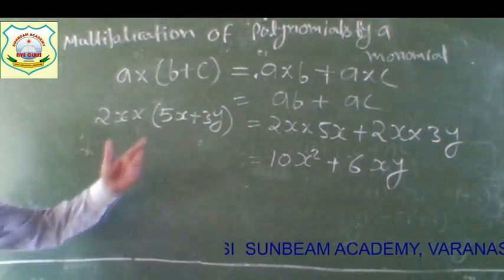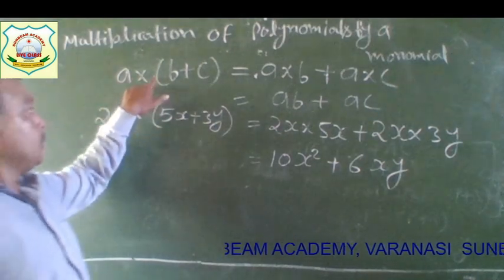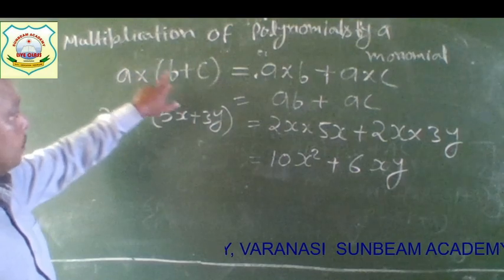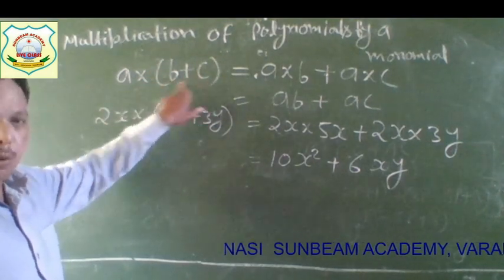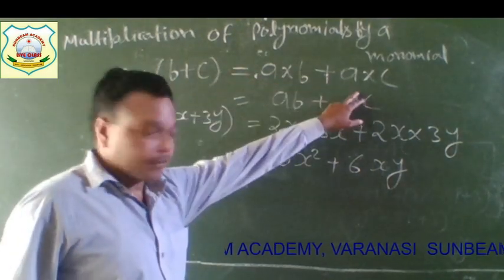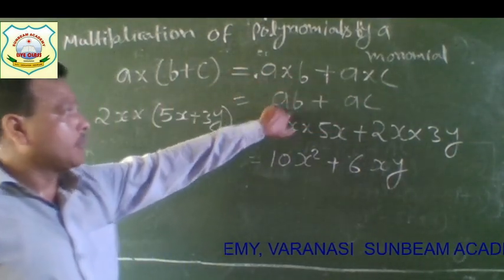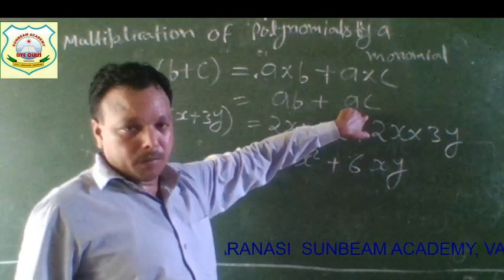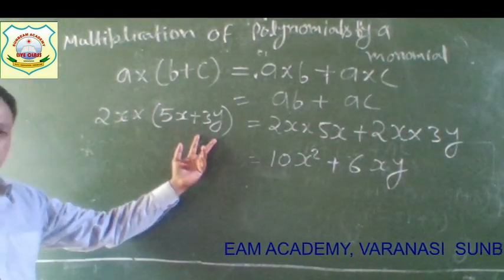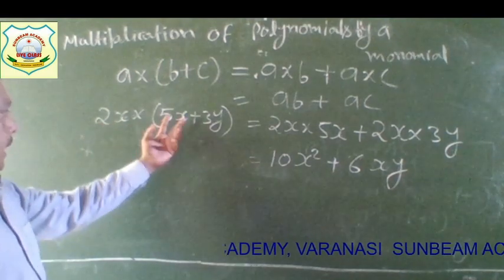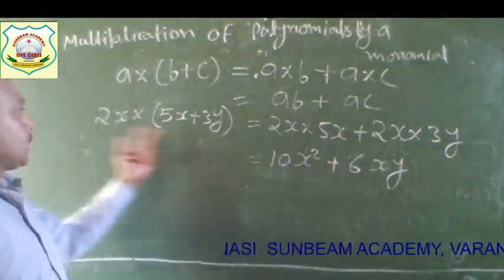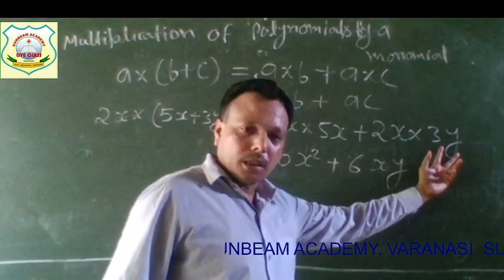Students, again I am telling you, a multiply b plus c. So a multiplies both b and c: a into b plus a into c. a into b, that is ab, a into c, that is ac. Similarly, in the example, 2x multiply 5x plus 3y, so 2x into 5x plus 2x into 3y.